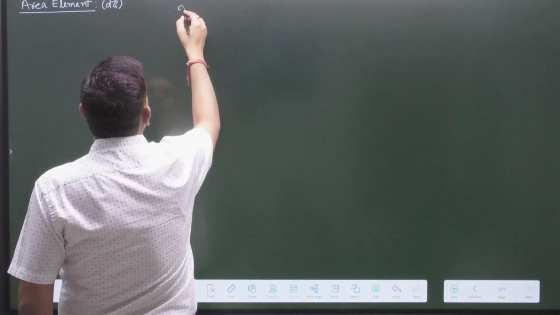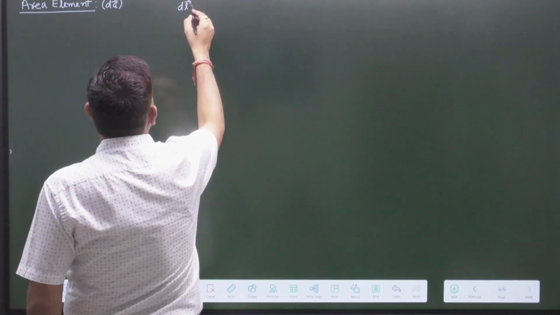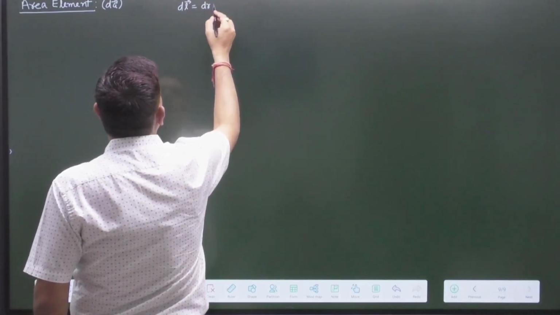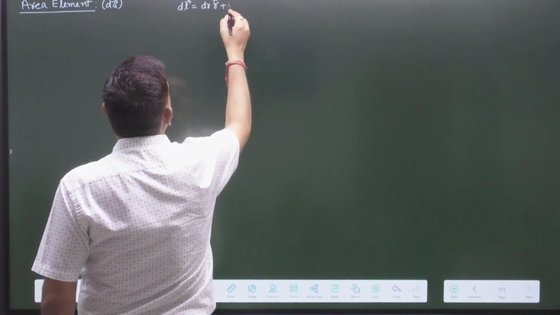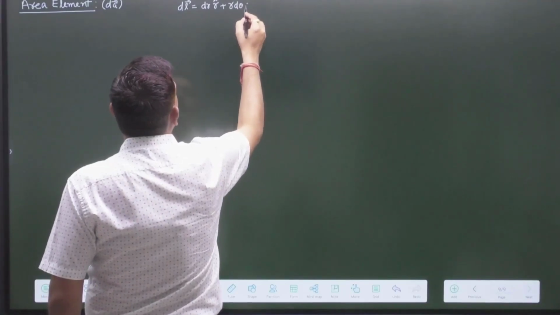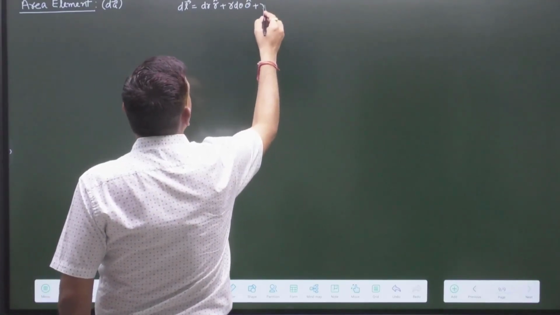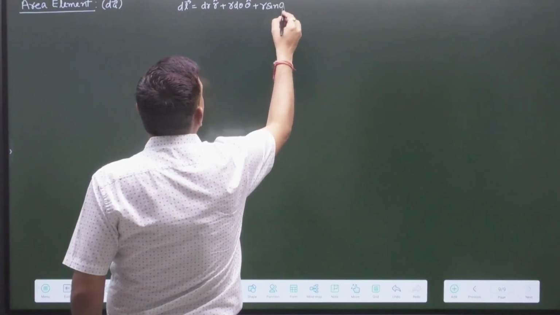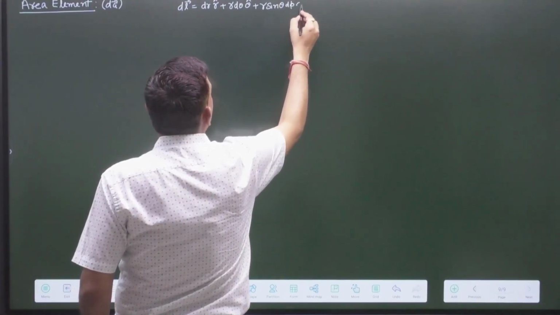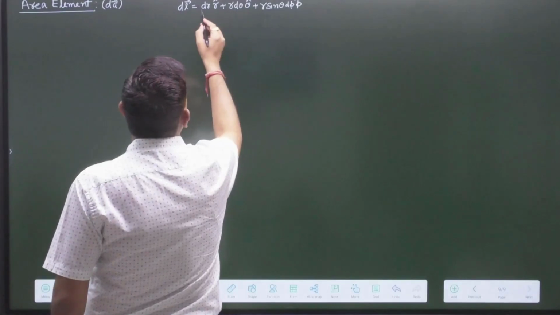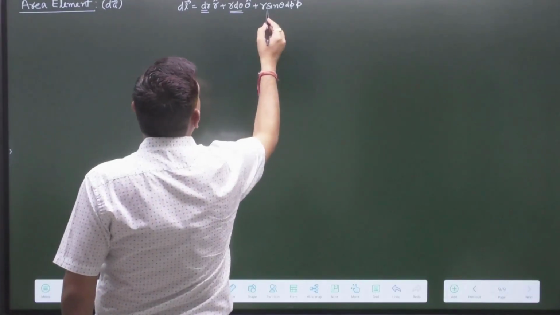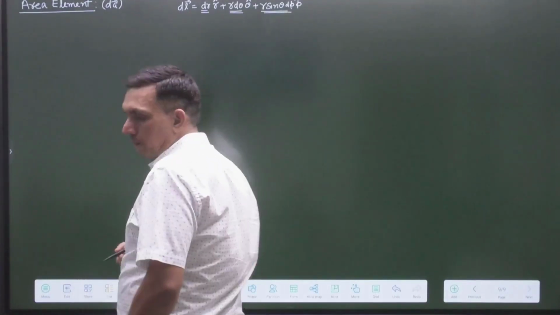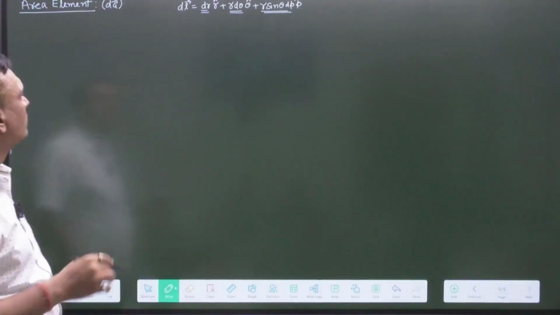So first you should remember the dl vector. dl is dr r cap, r d theta theta cap plus r sin theta d phi phi cap. This is dr, r d theta.